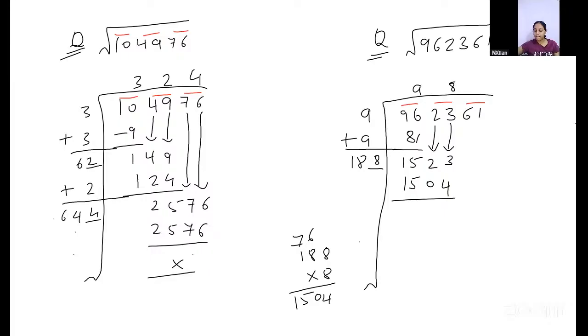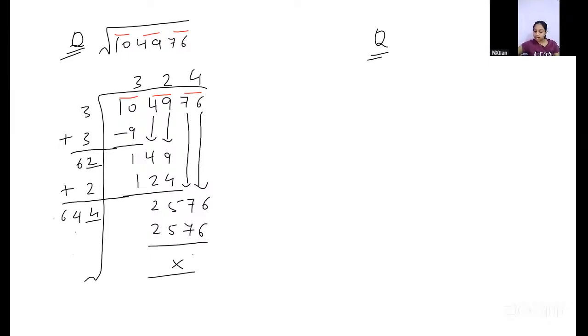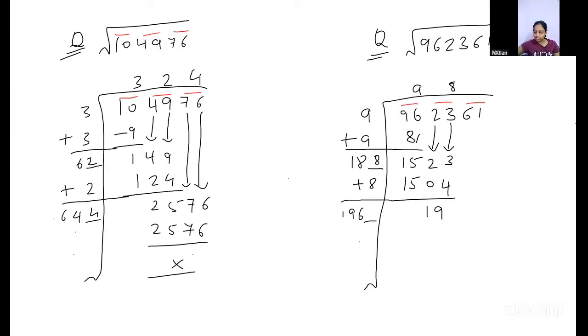Subtract it. 23 minus 4, 19. Add 8 to the side. 188 plus 8, 196. Put a dash. Then I will bring down 61.